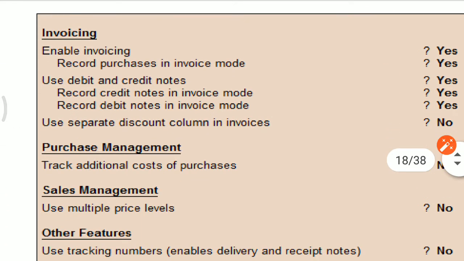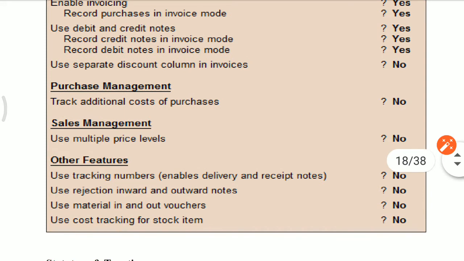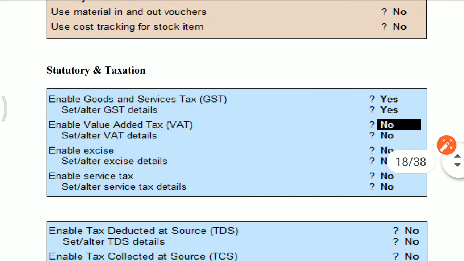Next option is invoicing setup. Different types of setup will be on purchase management, sales management, and other features. Most important setup is statutory and taxation. Friends, if you want to activate GST in Tally, then you have to select statutory and taxation and just insert yes and yes in both the options, that is insert or alter GST details also.